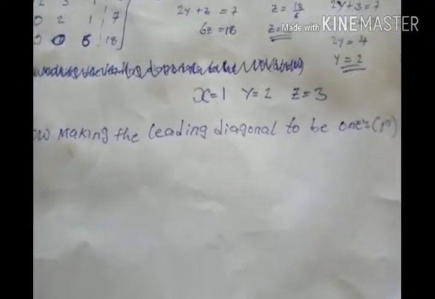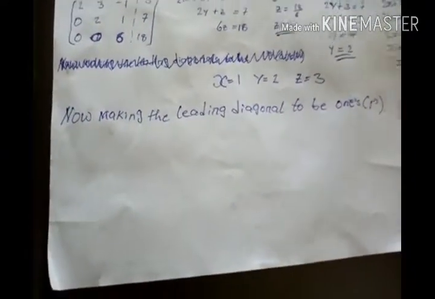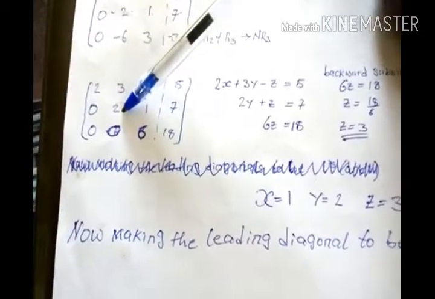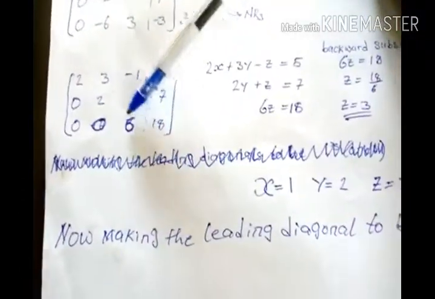Alright, but when we are talking of Gauss elimination, in order to make our equation valid, we need to make, that's why I wrote here, now making the leading diagonal to be ones. These are the leading diagonals. This is the leading diagonal of this row, this one, and this. So we need to make the whole of these leading diagonals to be 1.